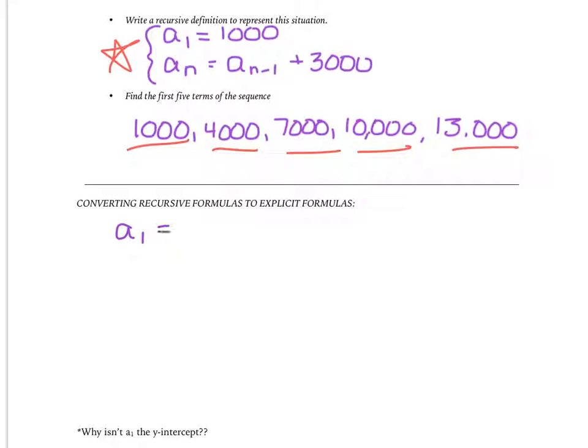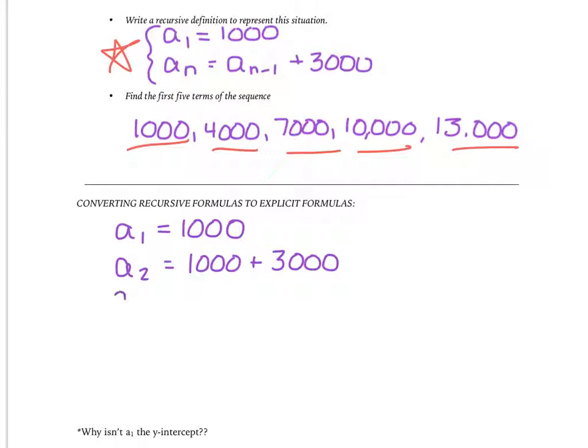So term 1 is 1,000. For term 2, I'm doing 1,000 plus 3,000. And notice right now I don't even really care about what that answer is. I just want you to see that that's how I would get term 2, is I did 1,000 plus 3,000.